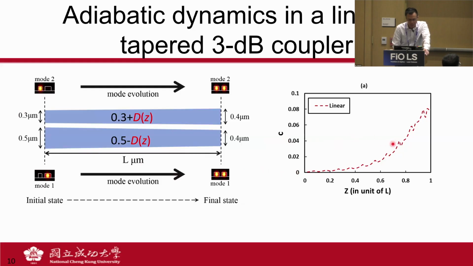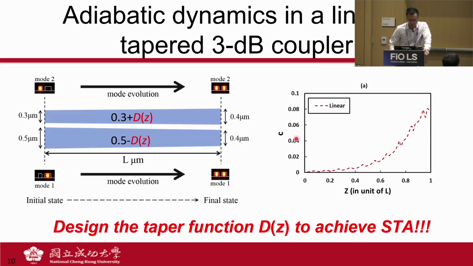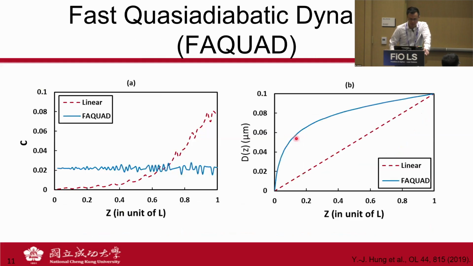So how do we redesign the taper function to redistribute this parameter and achieve this shortcut? We will introduce a few different protocols. Basically, we are changing one geometrical parameter to achieve these so-called STAs.